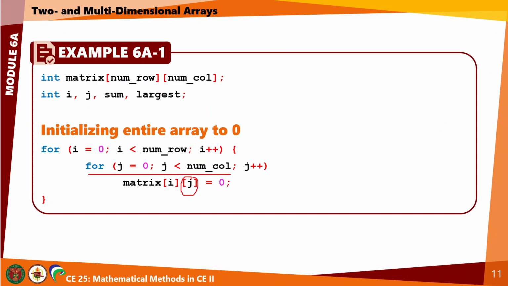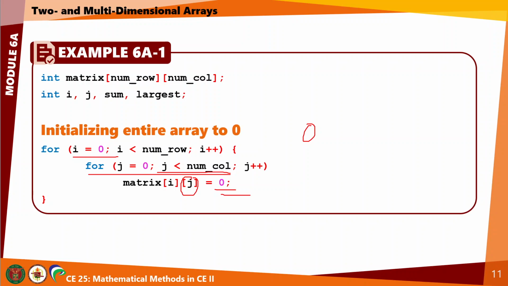So ibig sabihin, for example, sa i equals 0, di ba yun yung outer, magta-traverse lang siya per column muna dun sa inner. So matrix 0, 0 is i-assign niya as 0, and then matrix 0, 1, which is yung second element, magiging 0 din, and so on and so forth hanggang umabot siya sa last column, which is yung 0, 5. Matrix 0, 5 equals 0.